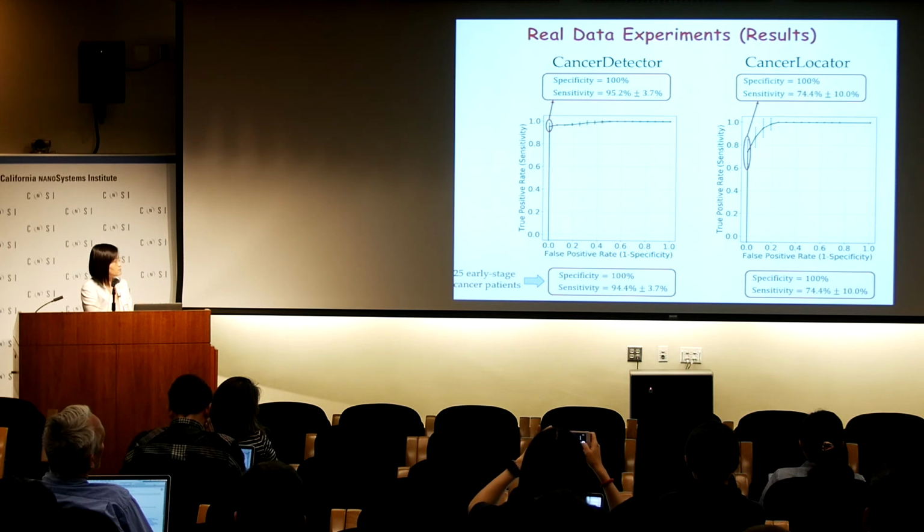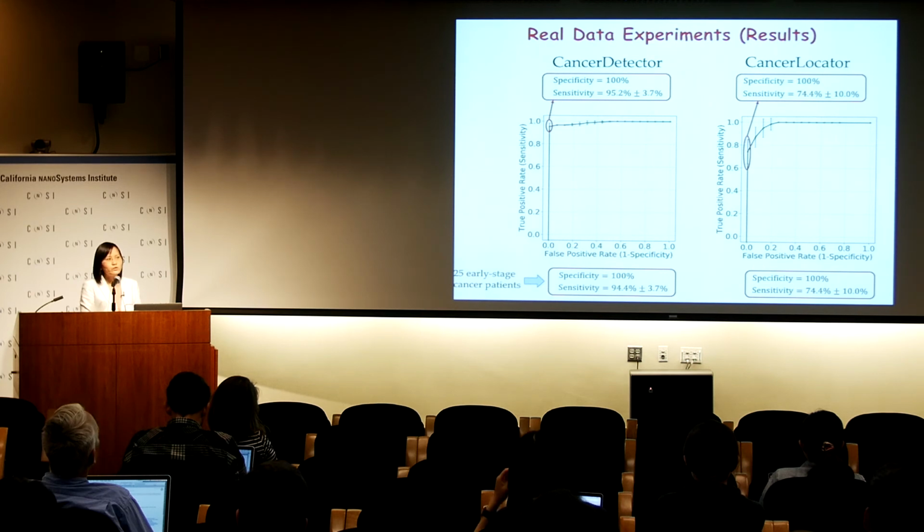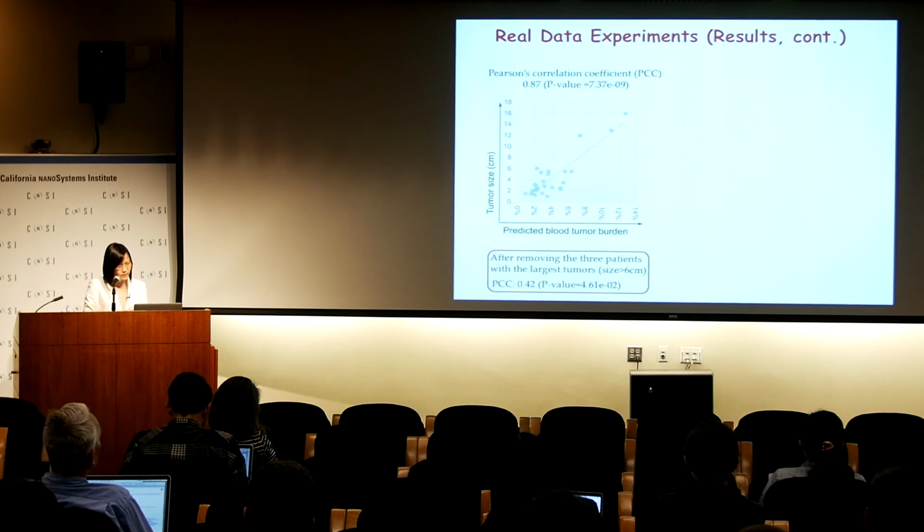It only dropped slightly. In this real data, the sequencing coverage is only 1x to 3x, which means we can pay like $300 or $400 for sequencing and already get this kind of high performance for cancer signal detection.